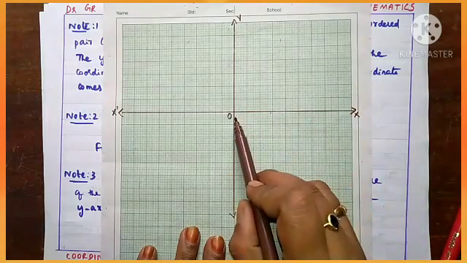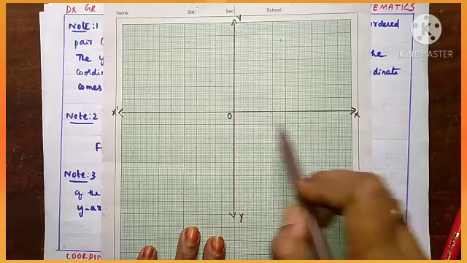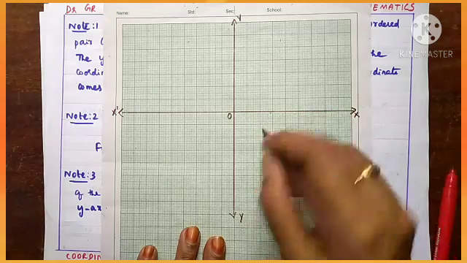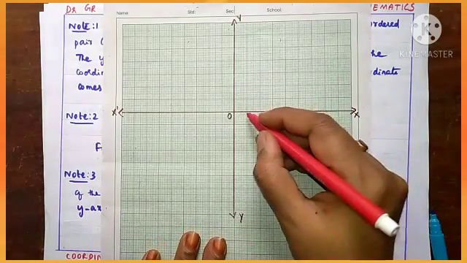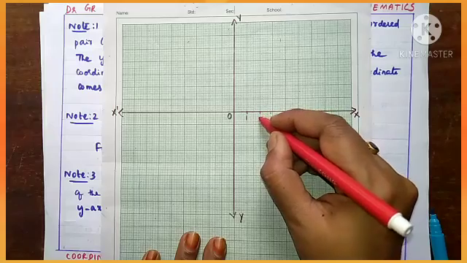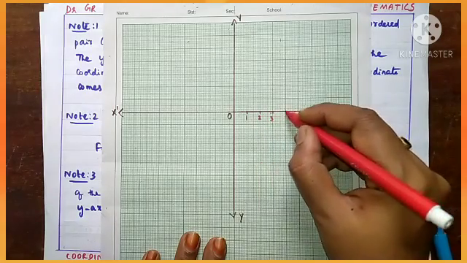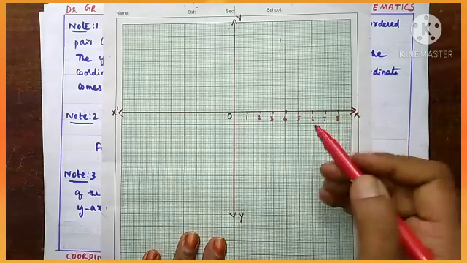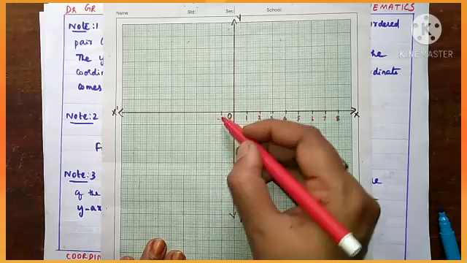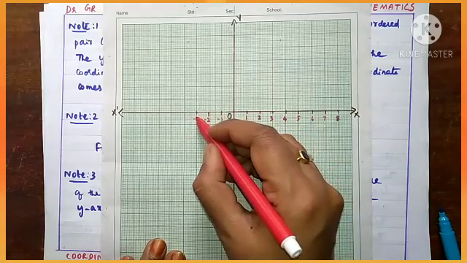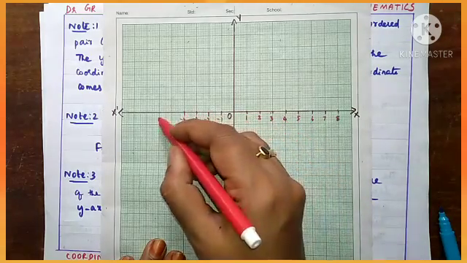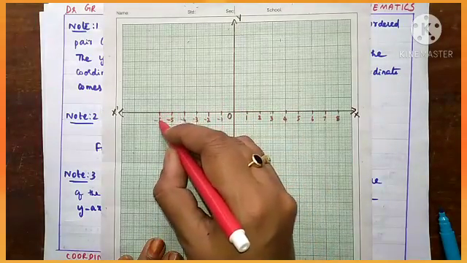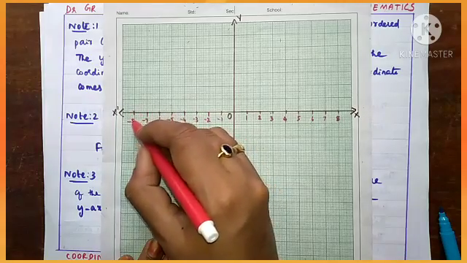Now you see here in this sheet, 1 centimeter you want to take as 1 unit. First you write here 1, then the next centimeter is 2, then 3, 4, 5, 6, 7, 8. Likewise on the negative side you write -1, -2, -3, -4, -5, taking each centimeter correctly, then -6, -7, -8.